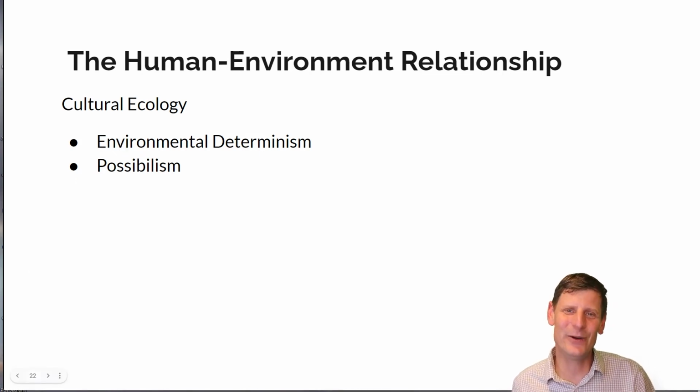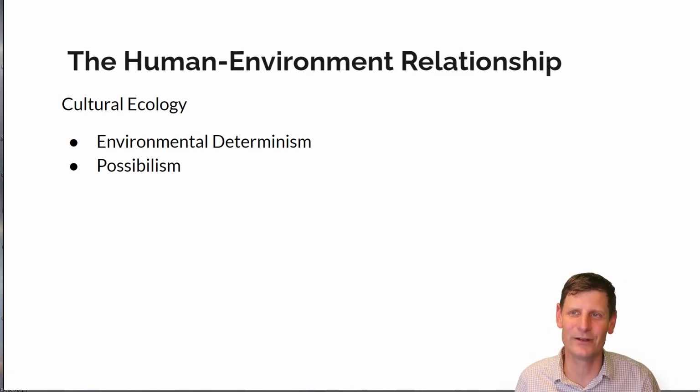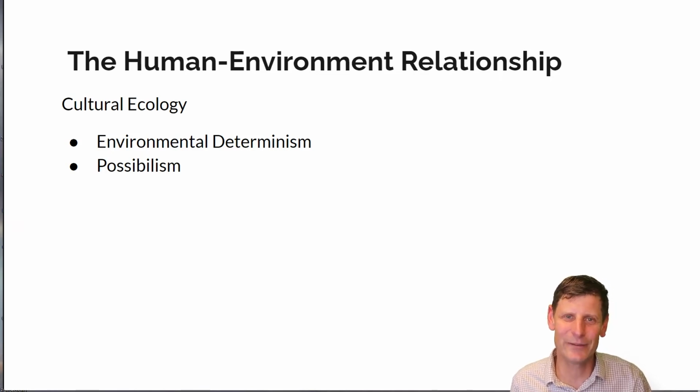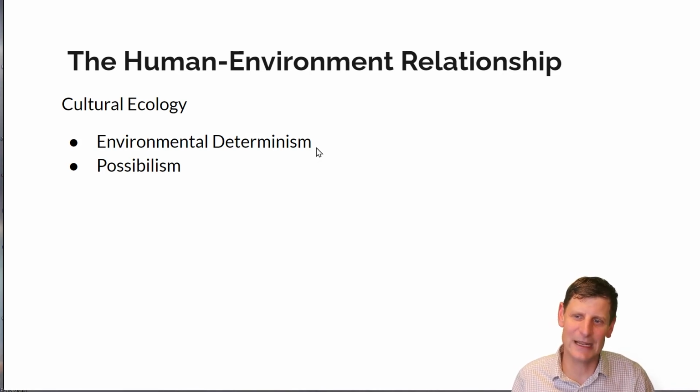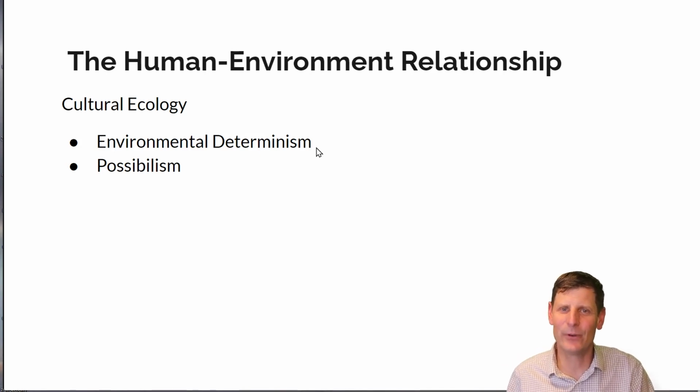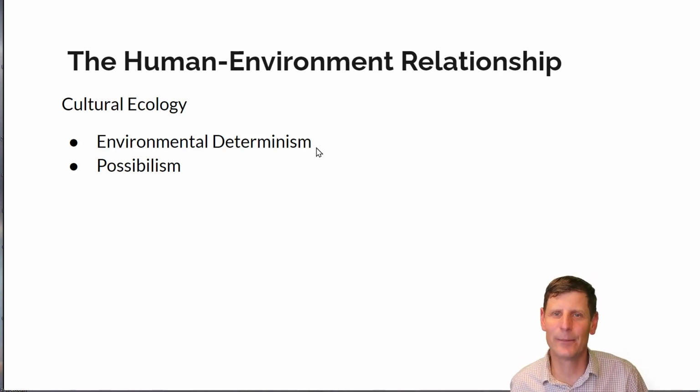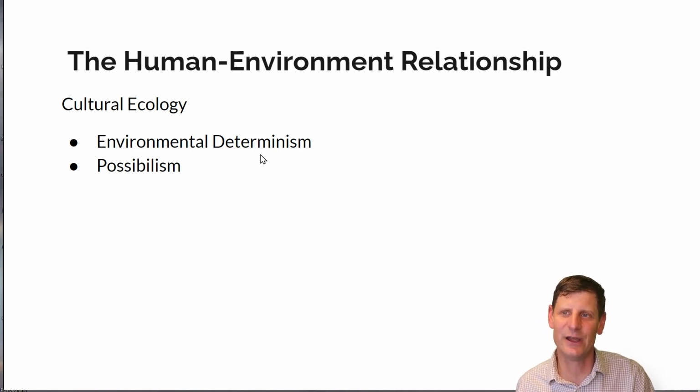All right. So these two theories of cultural ecology, or two approaches to human-environment relationships, are environmental determinism and possibilism. Environmental determinism has a poor history, and so people are really appropriately skeptical of environmental deterministic explanations.